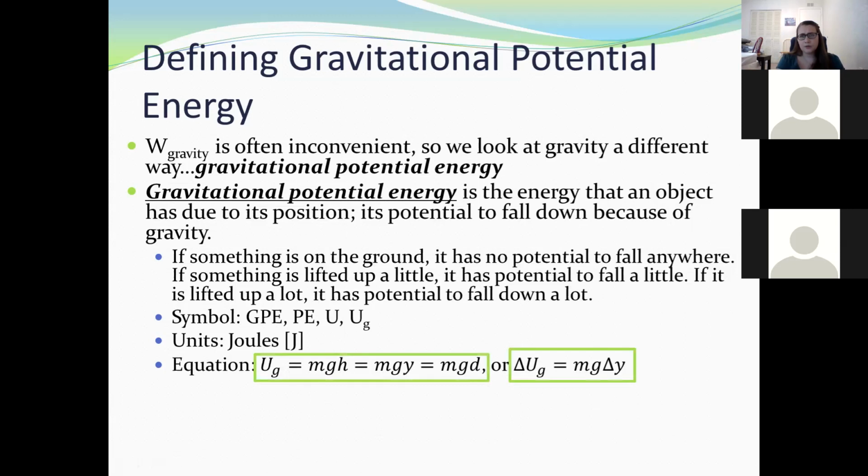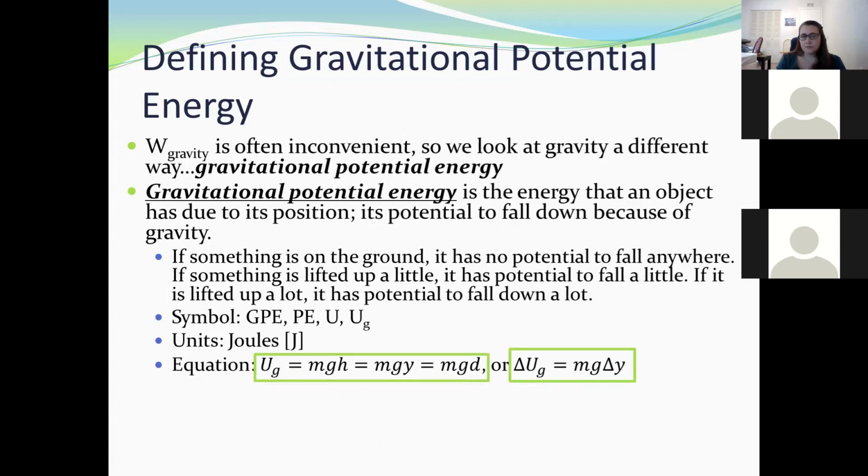All of those are equally valid, and every textbook, every class, every professor does it slightly differently. It's the same concept, but they use slightly different variables. So I want to make sure that you have exposure to all of those different ways to write it.